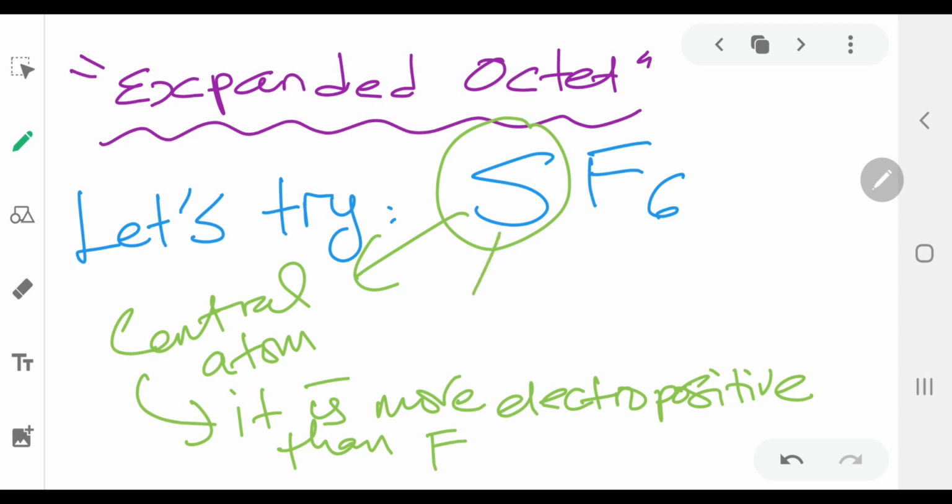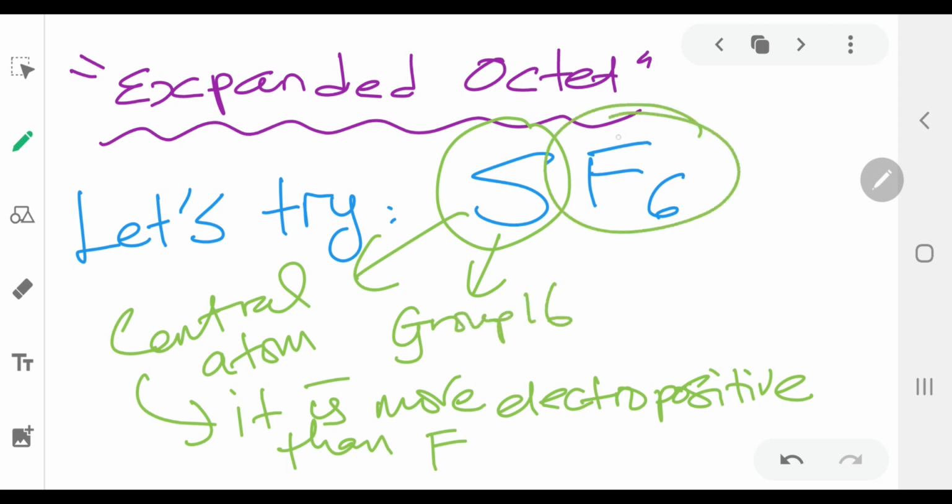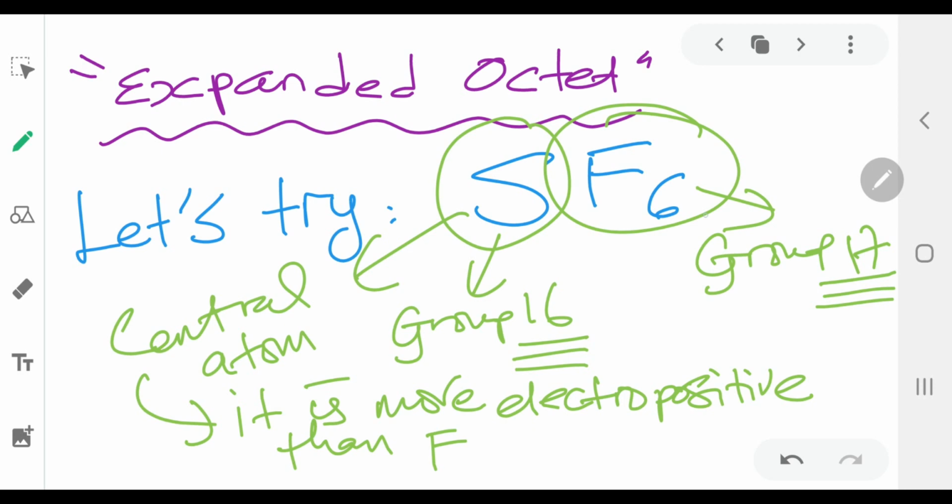Okay, sulphur is in group 16. Fluorine over here is in group 17. So when you are in group 16, you have 6 valence electrons. When you are in the 17th group on the periodic table, you have 7 electrons.